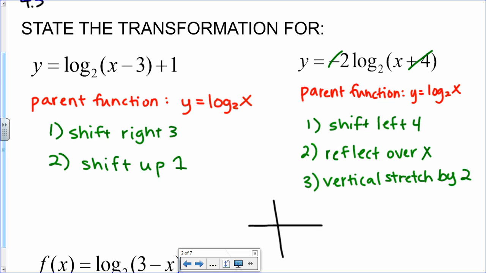So the parent function, you have this vertical asymptote here, okay, and then it's 2 my asymptote here. I reflect over x, and I have a stretch, so something like that.